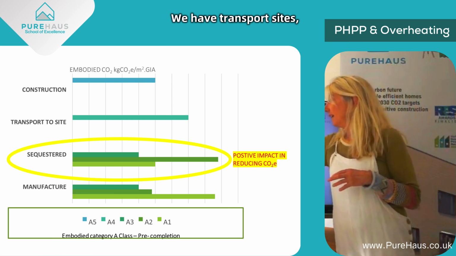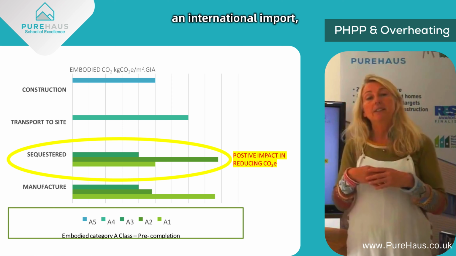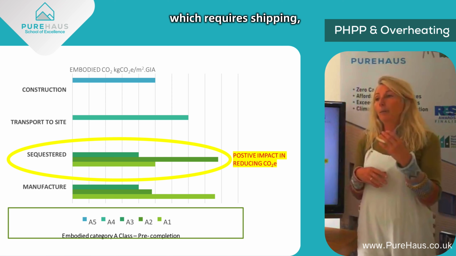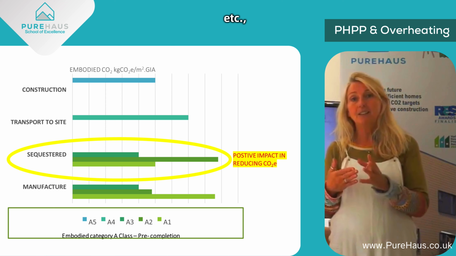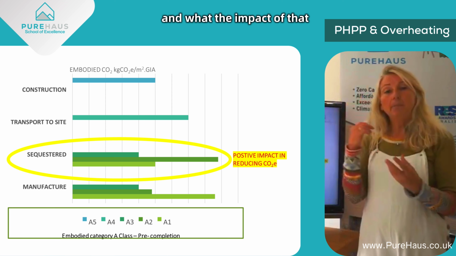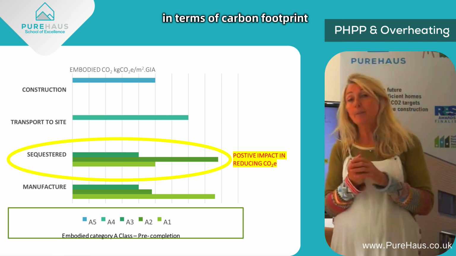We have transport to site, so whether it's an international import, which requires shipping, flight or lorries, etc., and what the impact of that in terms of carbon footprint is.